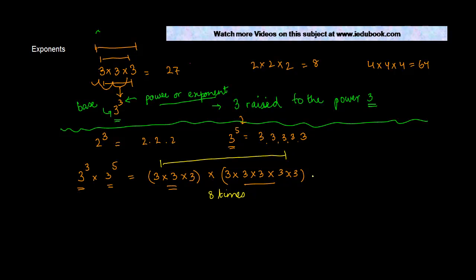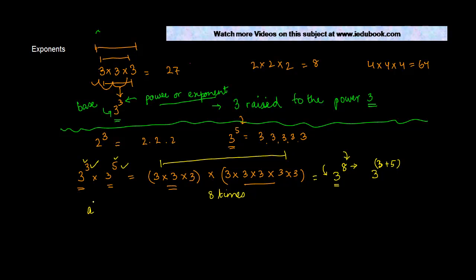So we can also write this as 3 to the power 8, because 3 is the number getting multiplied by itself, the base, and 8 is the number of times 3 is getting multiplied by itself. But 3 to the power 8 is nothing but 3 to the power 3 plus 5. The powers are being added.